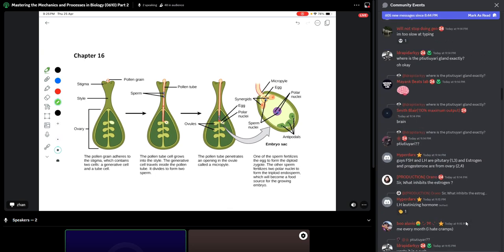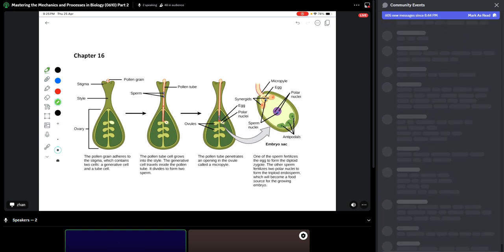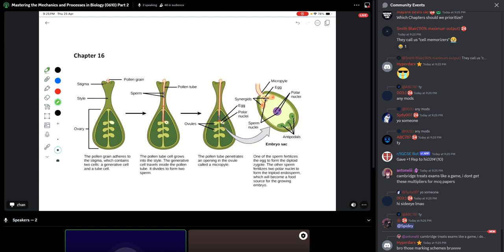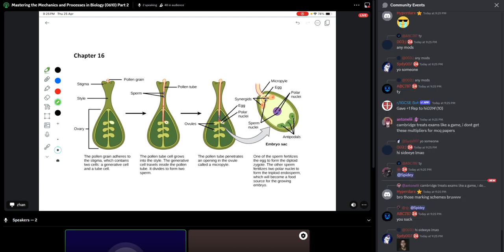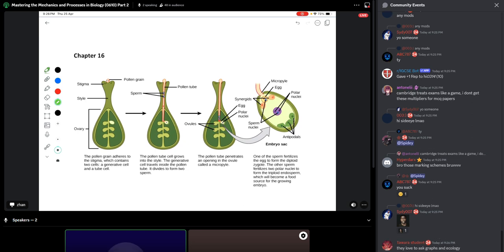Study the plants. Know the transpiration, know the fertilization of the plant. Basically, anything related to plants. Focus more on that. Okay? Because questions will somehow come out from there. For May, June now, because last year for my paper, almost a lot of the questions were plant related.